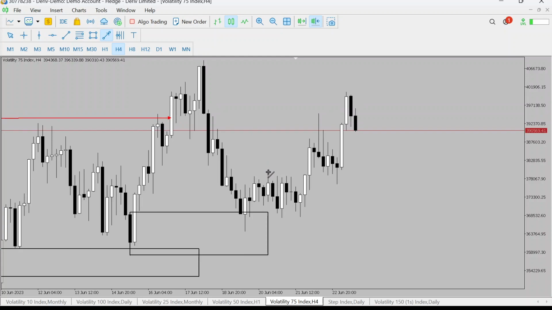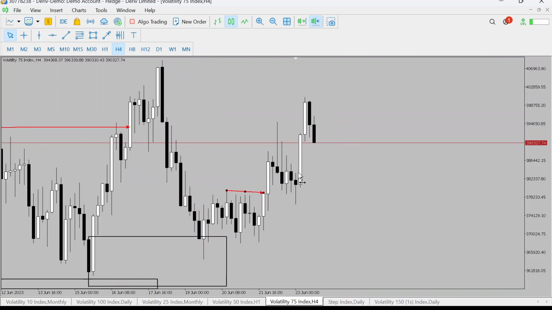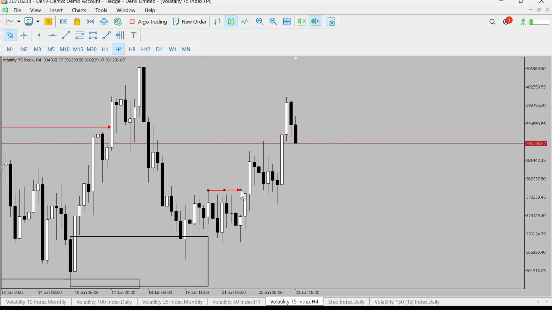Order flow has been established bullish on the 4 hour chart. The clear break of structure here. Anchor it. Clear break of structure right there. Price pulls back into this rejection block.